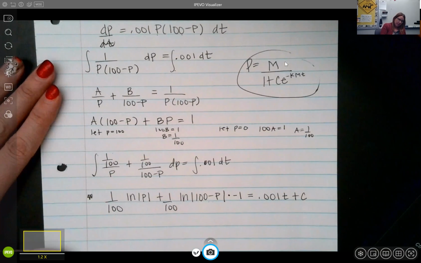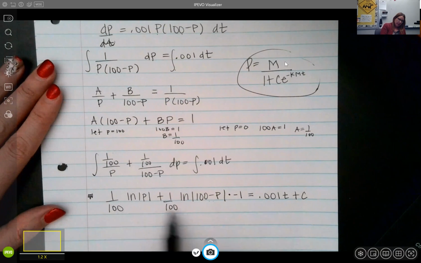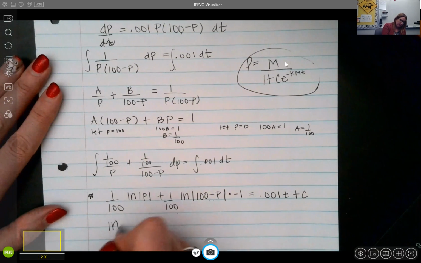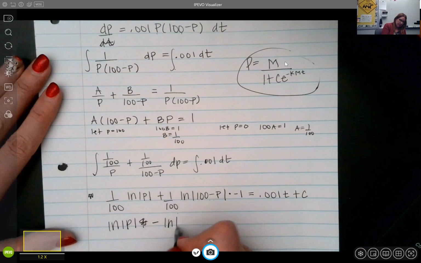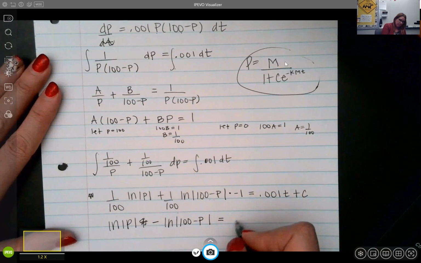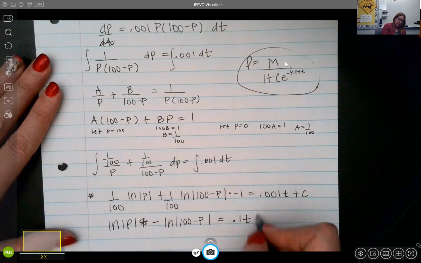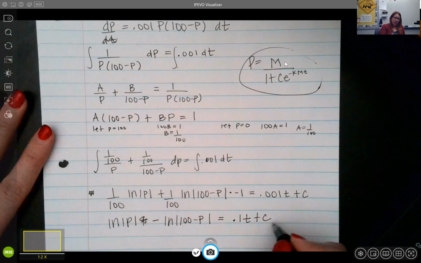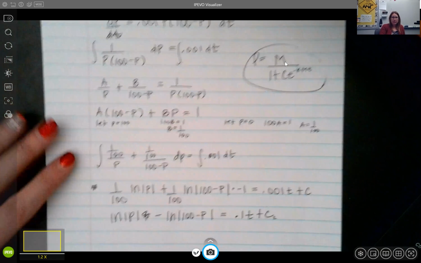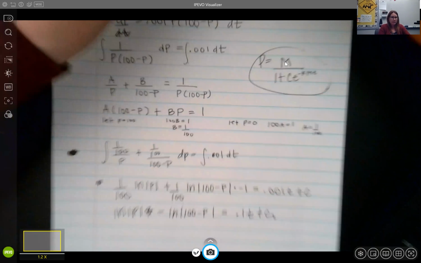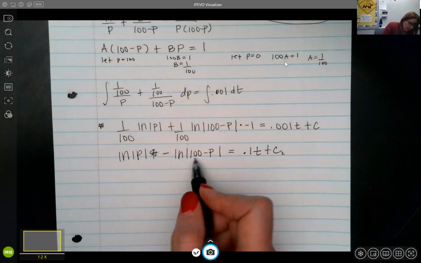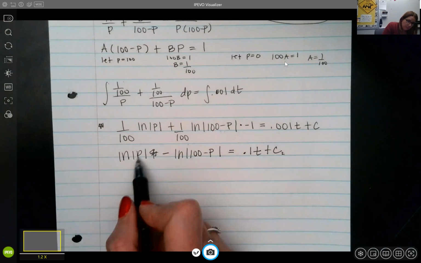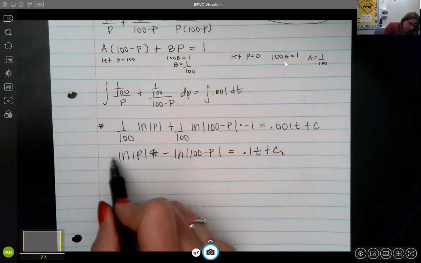I'm looking at this, and I've got to get this to look like that. So let's start simplifying. Let's first get rid of the 100. So this is going to be the natural log of P minus the natural log of 100 minus P, and that equals 0.1 T plus C, multiplied by 100. So technically it's a new C, but that doesn't really matter. We're going to finish solving that. Okay, I can combine my natural logs by dividing, but it's going to be a lot easier to have just the P in the bottom. So I'm going to switch this negative around.